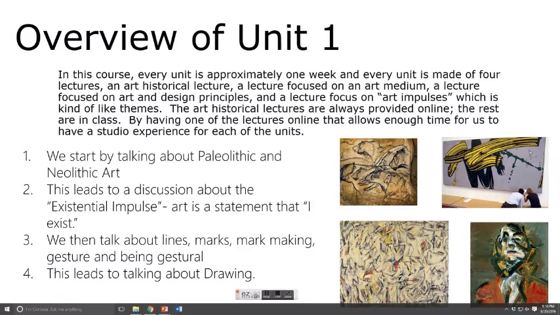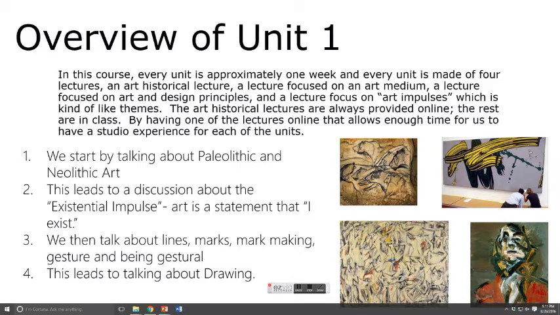So, like I said, it's an overview, and Unit 1, like every unit in this art appreciation class, has 4 parts to it. So there's an art historical part, and then a section of 3 other parts, usually something dealing with an art medium. In this case, in Unit 1, it's drawing, and then also a discussion about some sort of design and art principles.